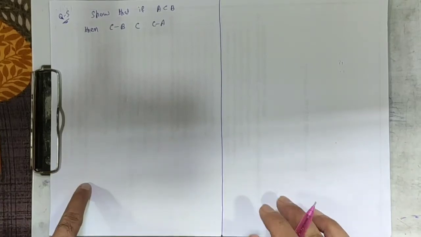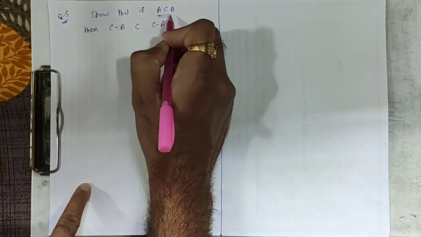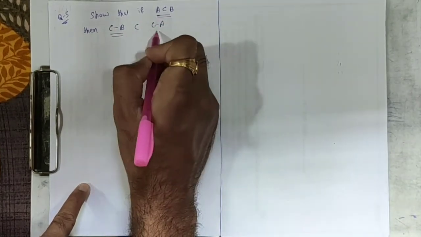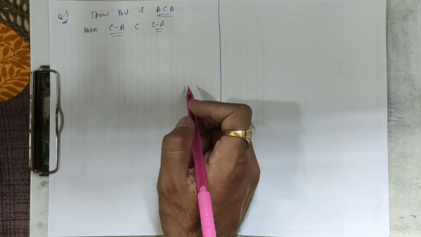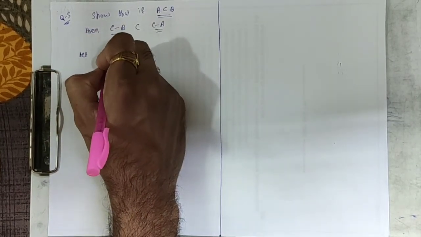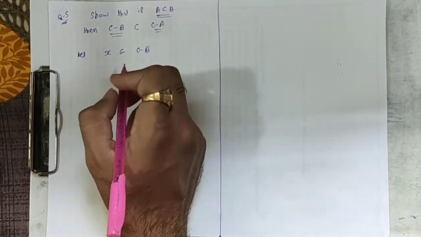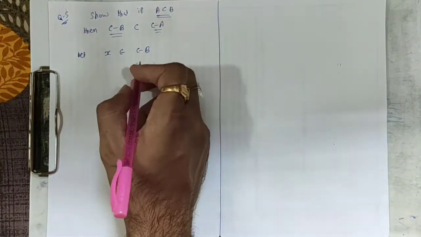Now question number 5, you have to show that if A is a subset of B, then C minus B is a subset of C minus A. So let us now consider one x. Suppose x belongs to C minus B. So what is the meaning of x belongs to C minus B?